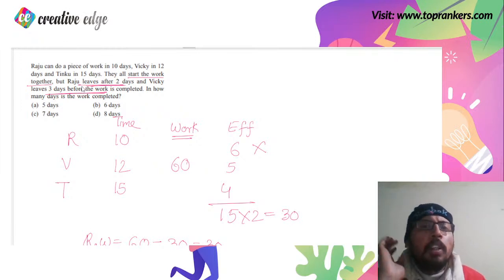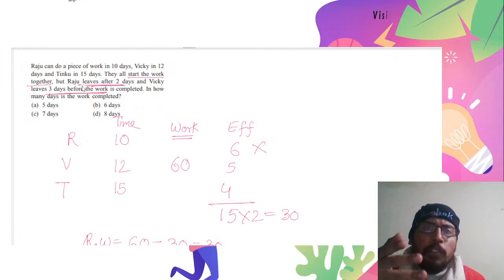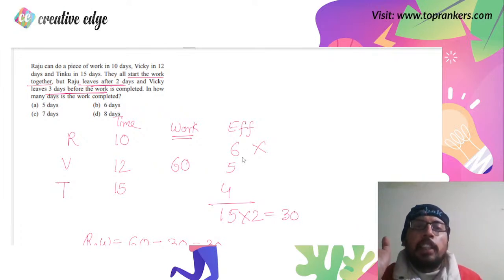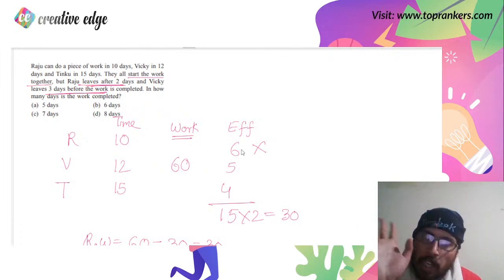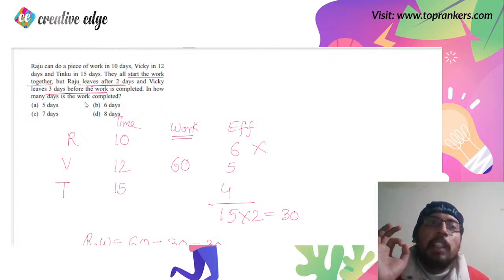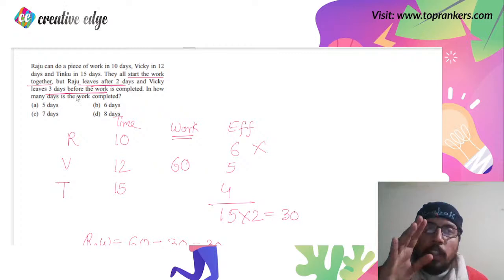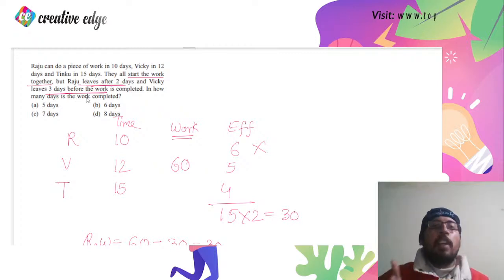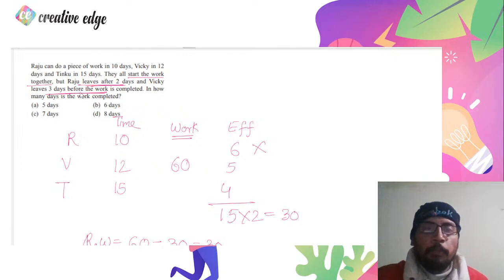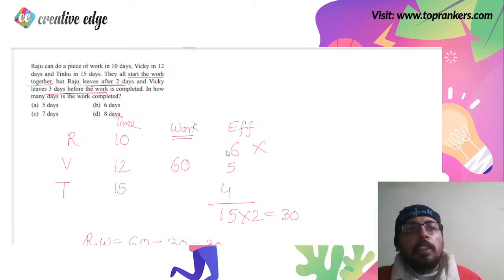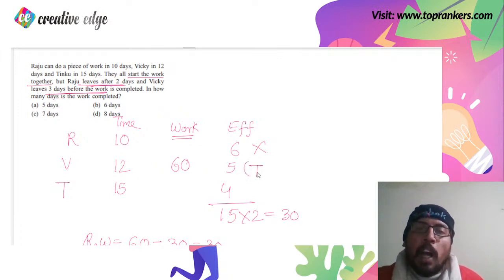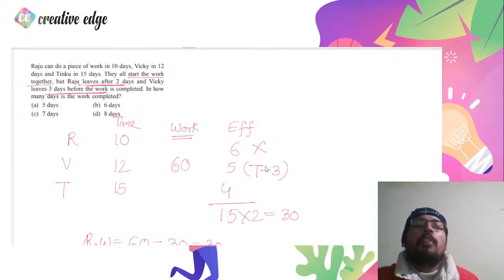So let us assume that after Raju leaves, the work completes in T days. I repeat my statement: after Raju leaves, let us assume that the work ends after T days. Vicky left 3 days before the work got completed.